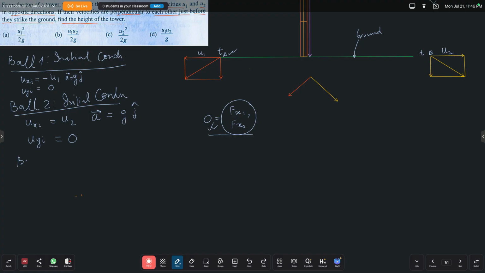So for ball 1, at time t, equation of motion in the y direction. You will write uy ground for ball 1 and uy ground for ball 2.